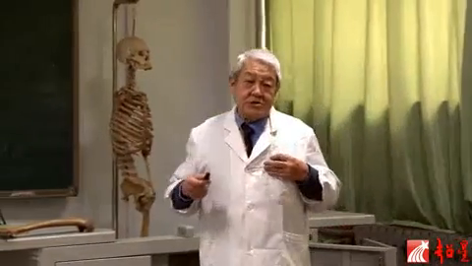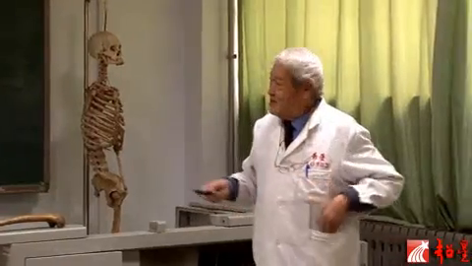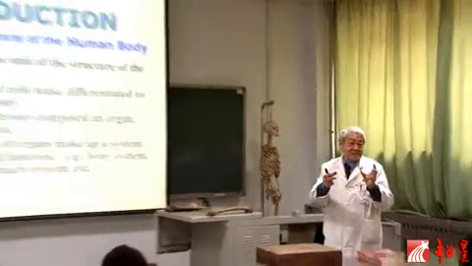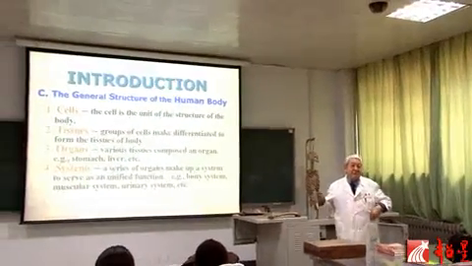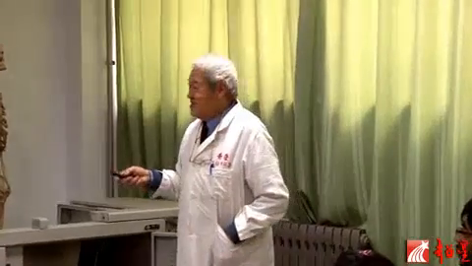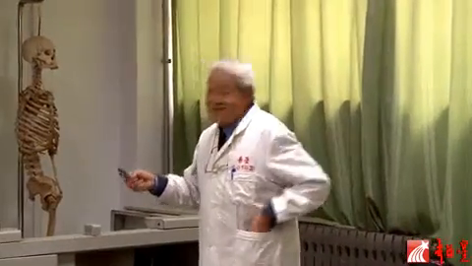Now, the general structure of the body: the basic unit is cells. Then a lot of cells combine together into tissue. Then different tissues combine into organs. Then all of the organs combine into systems. Then all systems combine into the organism.